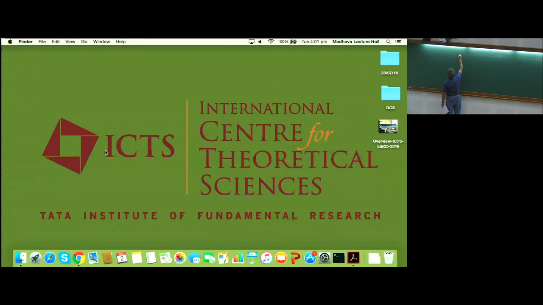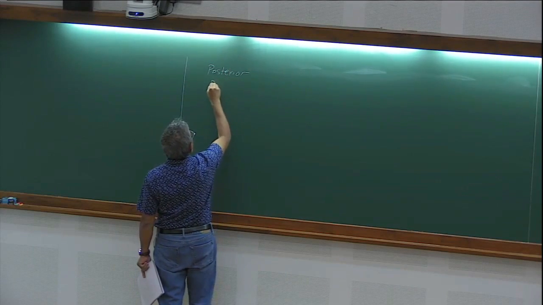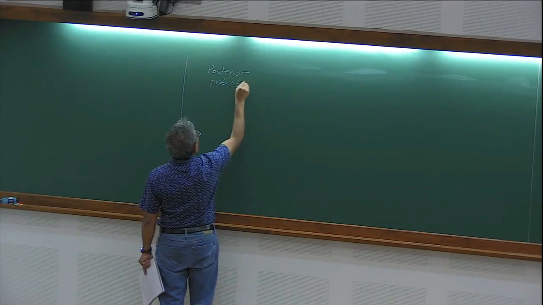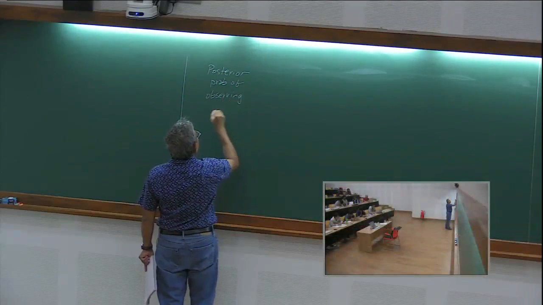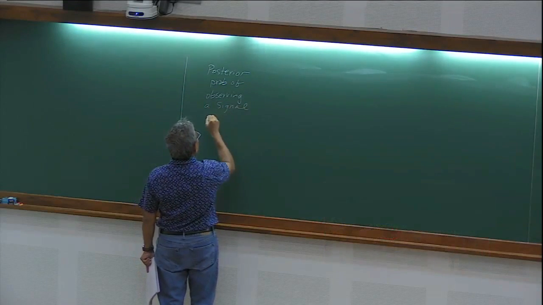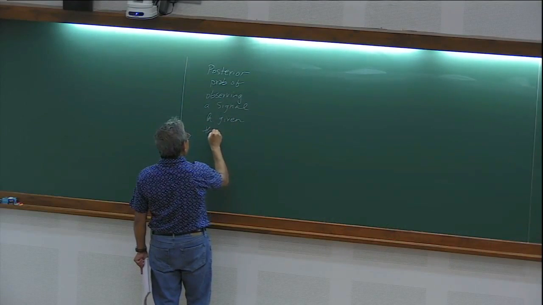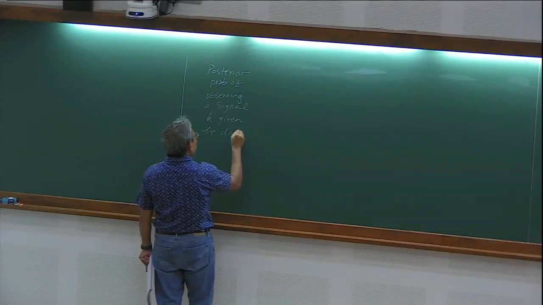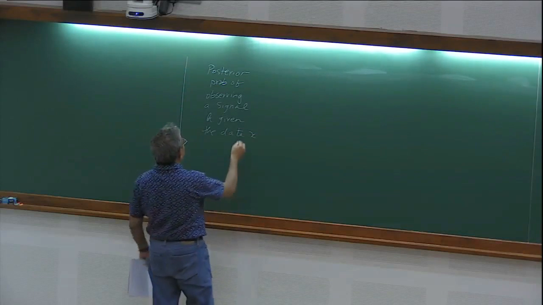The posterior probability of observing a signal h given the data. This was the quantity of interest to us. Remember, these are all vectors.